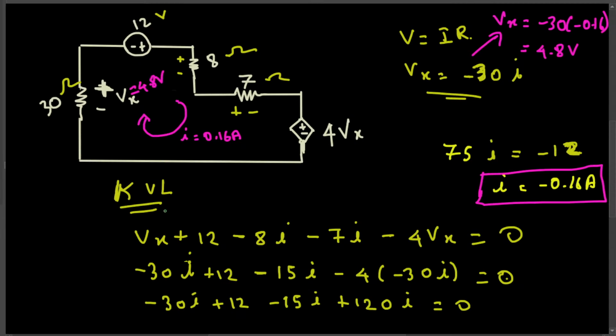If this voltage is 4.8, then this is 4 times that, 4 times 4.8, and that is equivalent to 19.2 voltage. Okay, now we have solved for the current and the voltages. That's basically it. You can also find the power across the voltages and resistors. Now let's try to find the power. I'm gonna erase this one and find out all the powers.